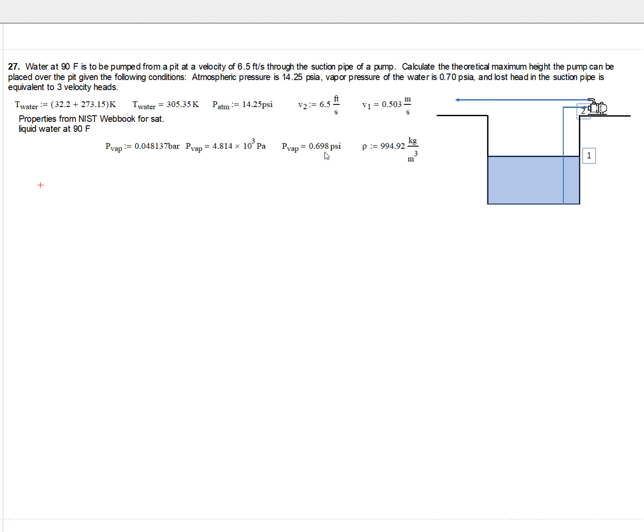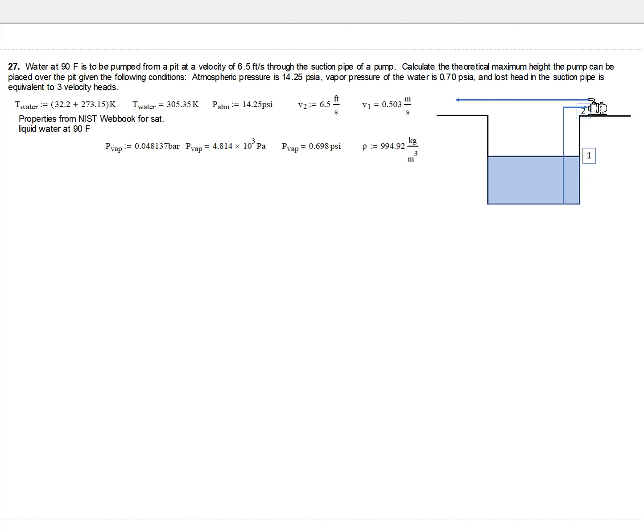I'm going to use 0.698 anyway. And a lot of times for water we tend to use the generic, nominal density of 1,000 kilograms per meter cubed, or 62.4 pounds per cubic foot. But I went ahead and looked it up, since it is a little bit different from standard conditions. It is 994.9 kilograms per meter cubed.